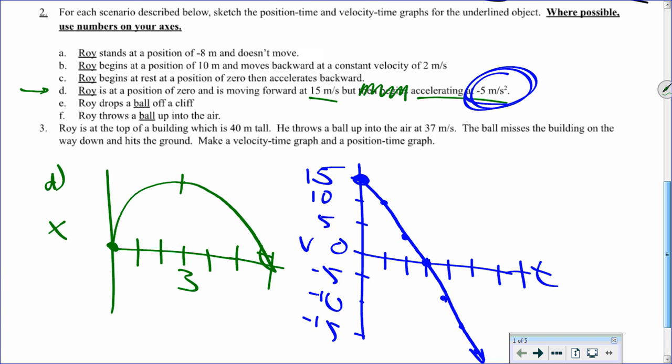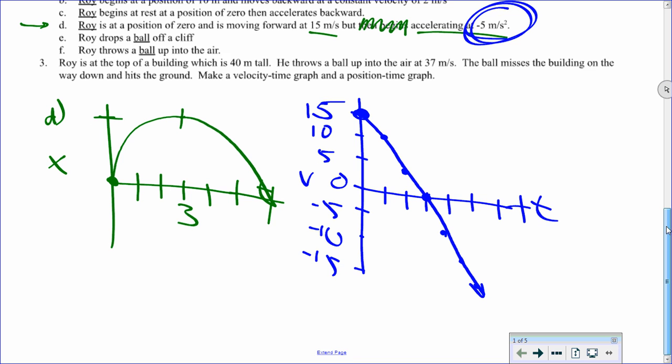All right, so then I think the only other thing we need to do, it says to, where possible, put numbers on your axes. So let's at least figure out this position here. We don't have an equation for position, but we do have an equation for displacement. So I want to find out what the displacement is between here and here. So for that red time interval, let's write down the stuff we know.